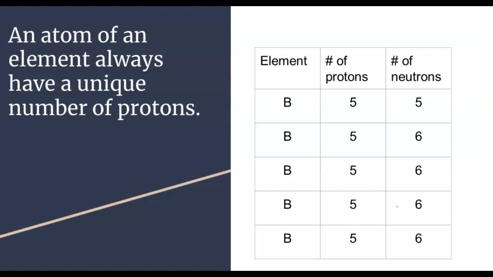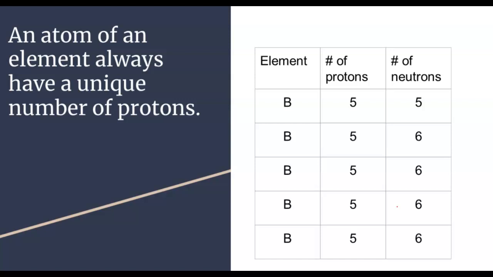In our boron activity, we noticed that there were two different types of atoms. An atom in boron could either have 5 neutrons or 6 neutrons, but it definitely always has 5 protons. So we know that it's boron because it has 5 protons. That will never change.